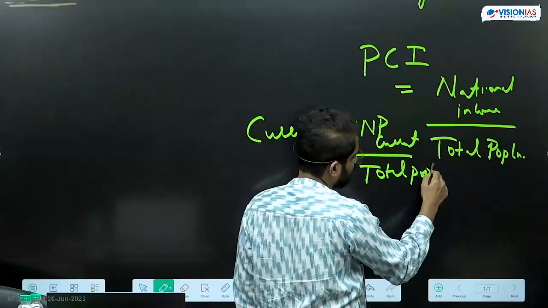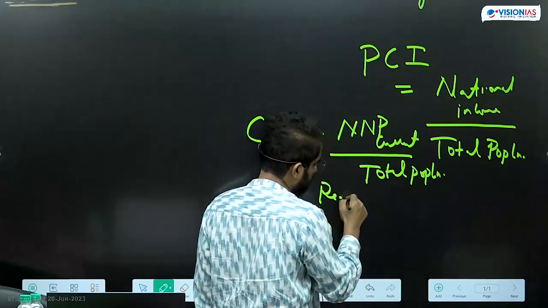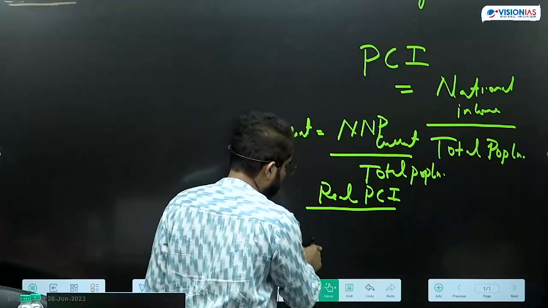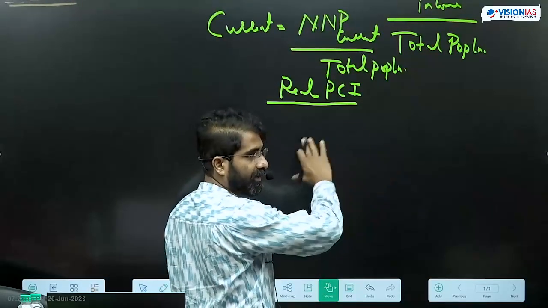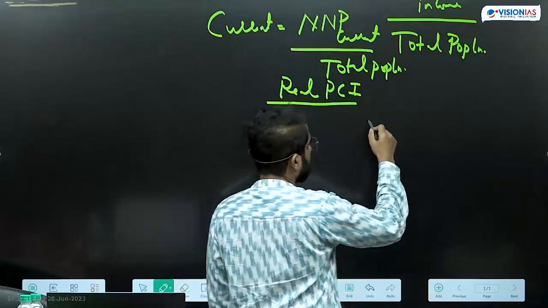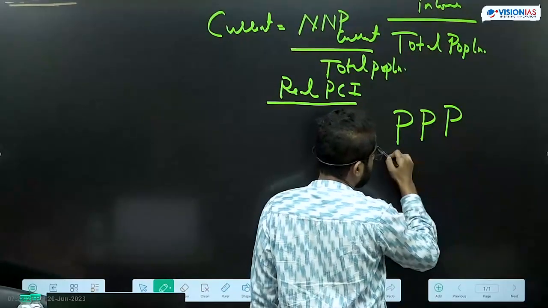From here you adjust it to base year prices and arrive at the real per capita income. But to compare different countries, you use a concept called PPP, or purchasing power parity.